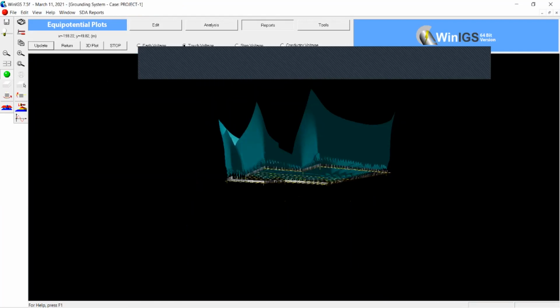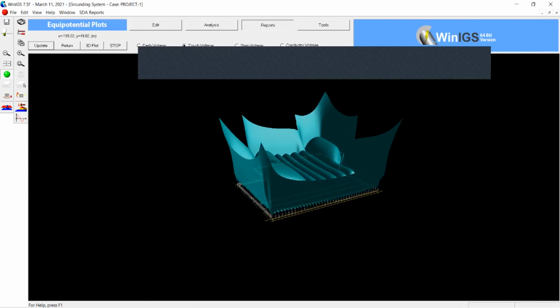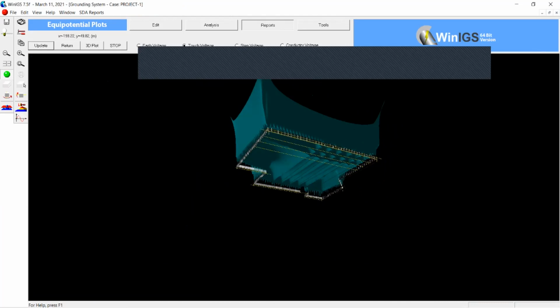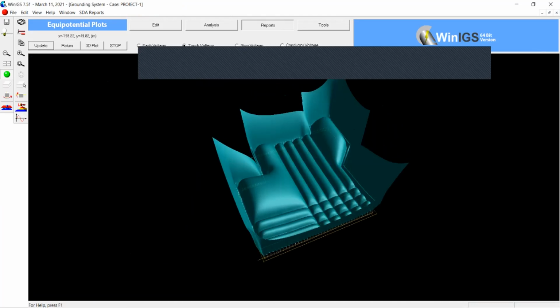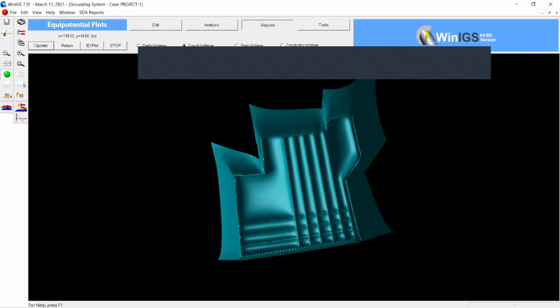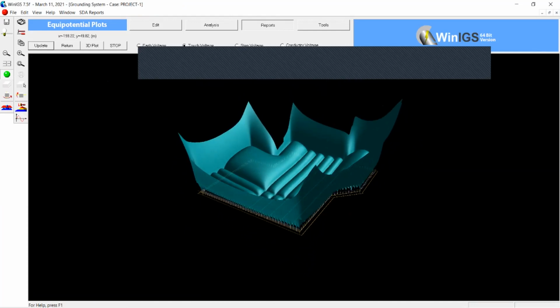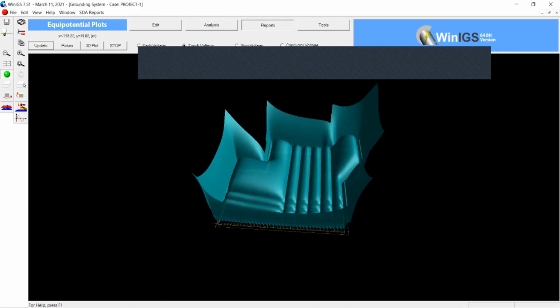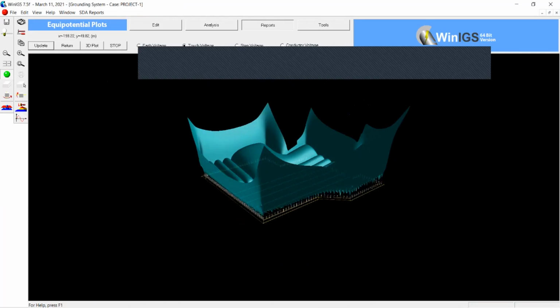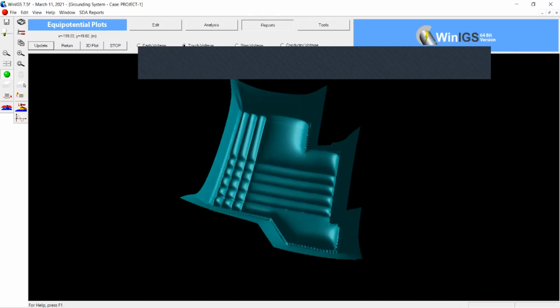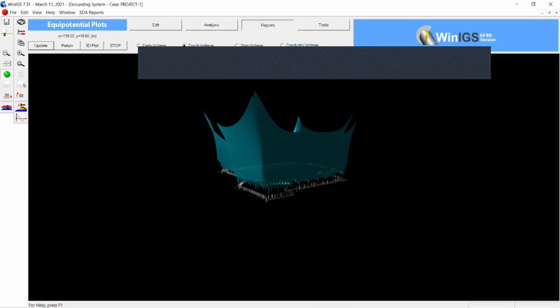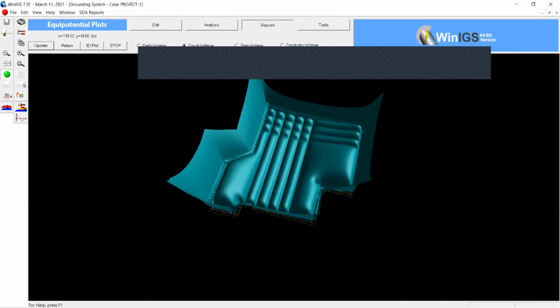this figure as well. Okay, here you see. Here is my grounding grid, and here is the touch voltage profile. So touch voltage is higher surrounding the fence. Somewhere there is a spike, but I can calculate it using the software. You can rotate it as in AutoCAD.